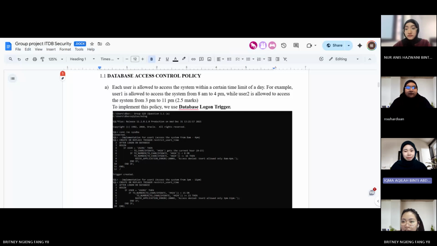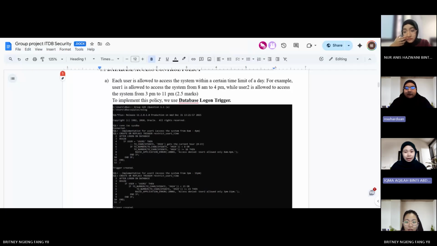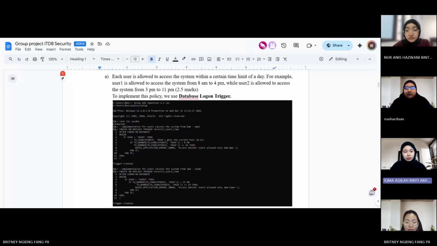Now I will start by presenting the implementation of our database access control policy, specifically focusing on time-based access and account locking mechanism using Oracle DBMS. For question 1A is a time-based access control. For the first requirement, we implemented a policy where users are restricted to accessing the system within specific time limits.